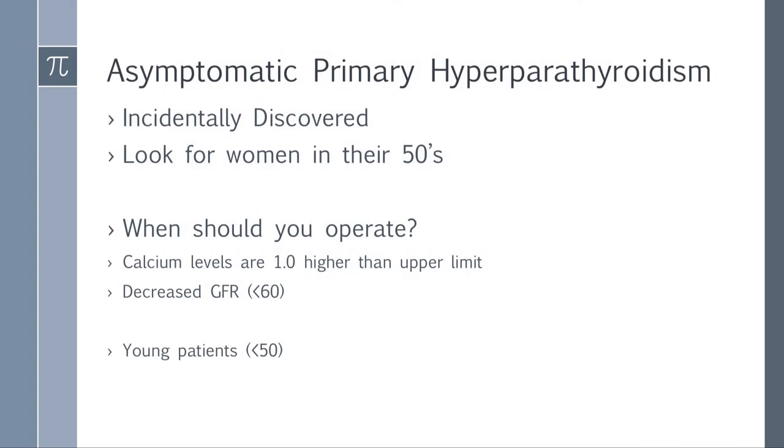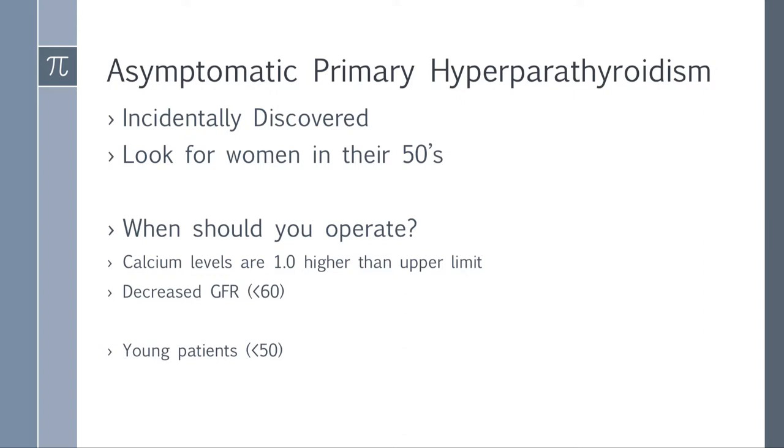Now, we said the majority of people with hypercalcemia are asymptomatic, right? And the majority of those hypercalcemic patients have primary hyperparathyroidism, right? So it's incidentally discovered in the labs, and a common case is a postmenopausal woman. So think of a woman in her 50s, and this is a common question you get asked on the exam and on the wards. When should you operate?